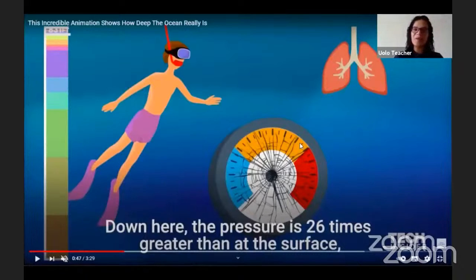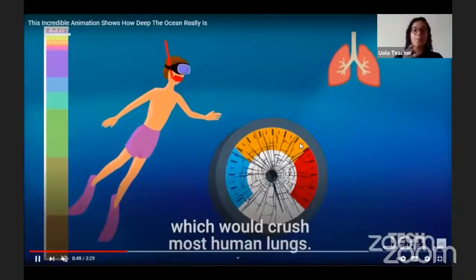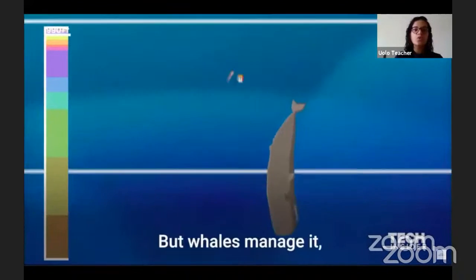Okay, clear everybody? As you go deeper down, the pressure keeps increasing. So at around 831 feet, the pressure is 26 times that on the surface of the earth. Clear? Okay, good job. So you know this much pressure is more than enough to crush the lungs.